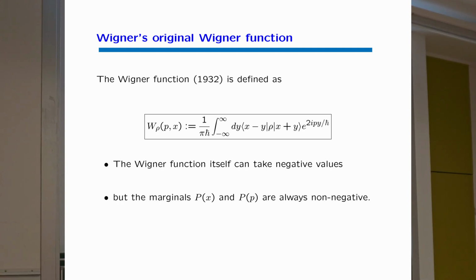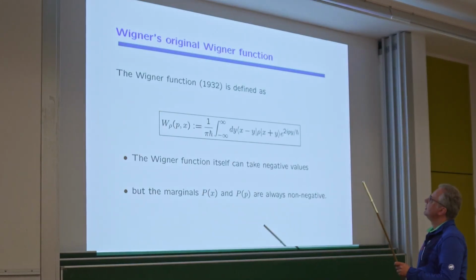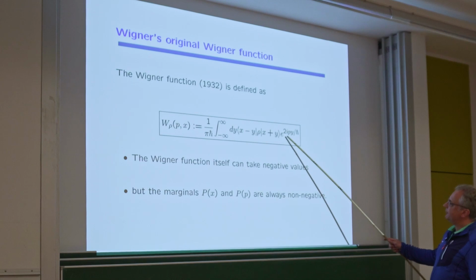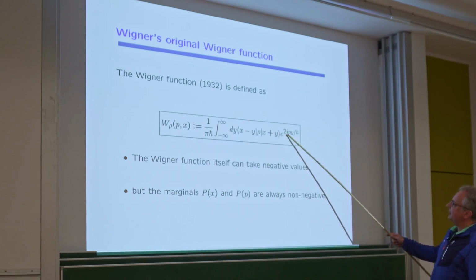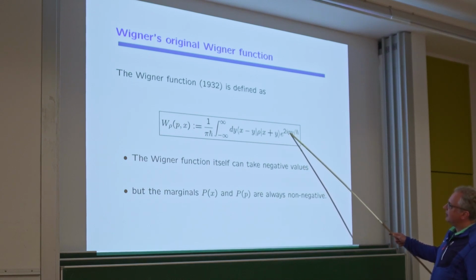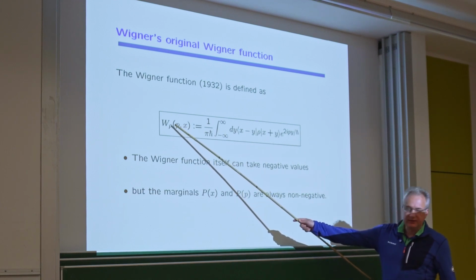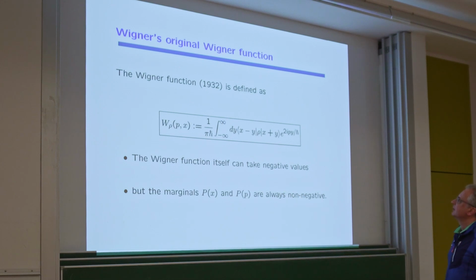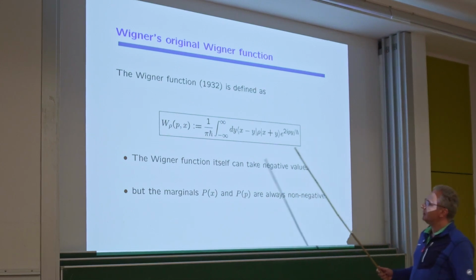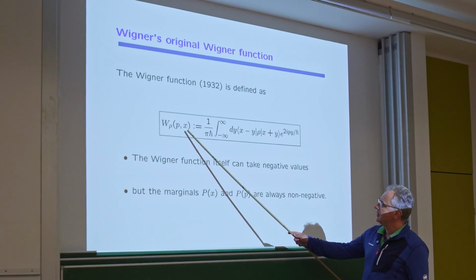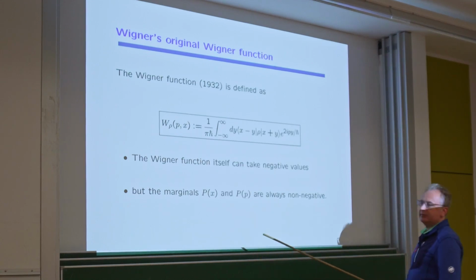And you have an integration variable, y, that's also present in this ket and bra. And then you have a phase factor, and that contains the momentum point at which you evaluate this Wigner function. So after integration, the Wigner function depends on position and momentum.